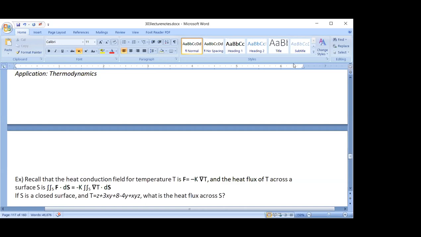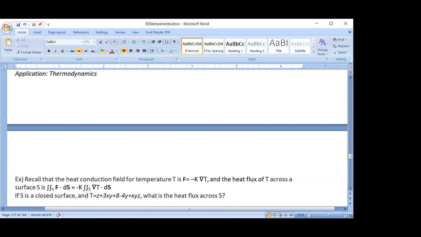So now let's apply this to a question. If S is a closed surface and T is the temperature function z plus 3xy plus 8 minus 4y plus xyz, what is the heat flux across S?